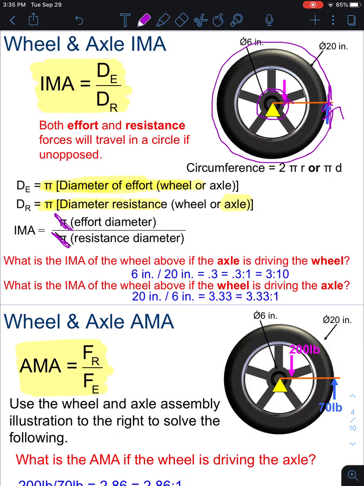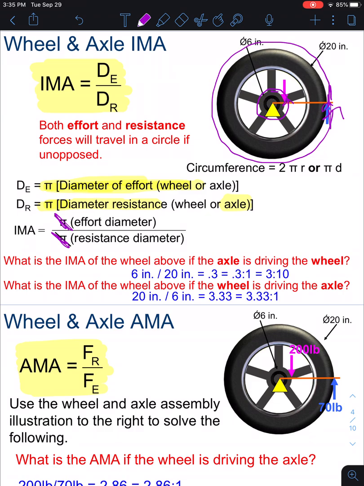Or we can say all we need is the radius of the wheel and the radius of the axle, because it's going to be the same anyway. There's a relationship, a ratio to each other, and so if we know the radius, we can use those numbers.